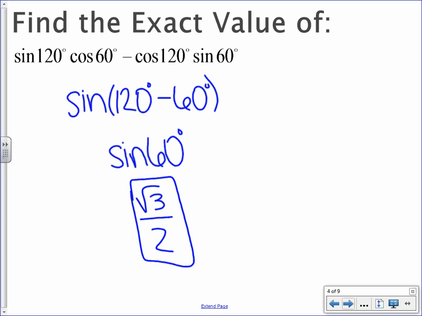Okay, well, if you look at this compared to your formula on the front, cosine of an angle, cosine of another angle, minus cosine of an angle, sine of another angle, that is just verbatim the difference formula for sine. So we know we can rewrite it as the sine of the difference of the two angles.